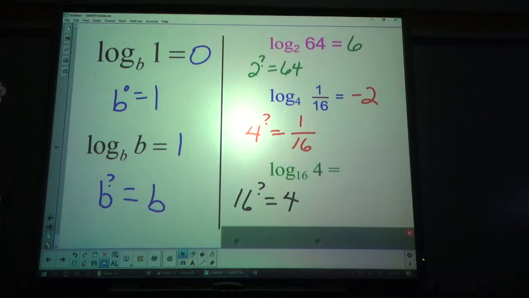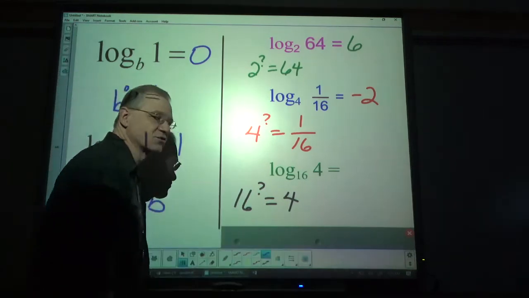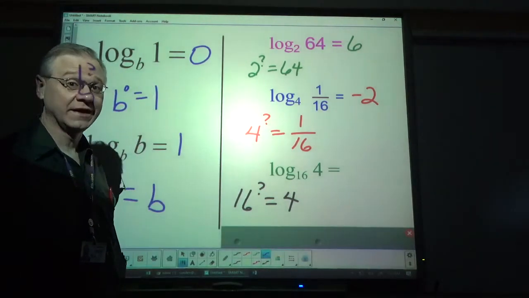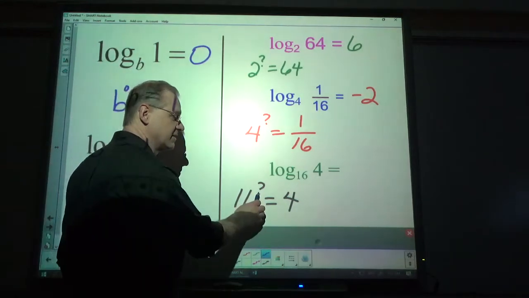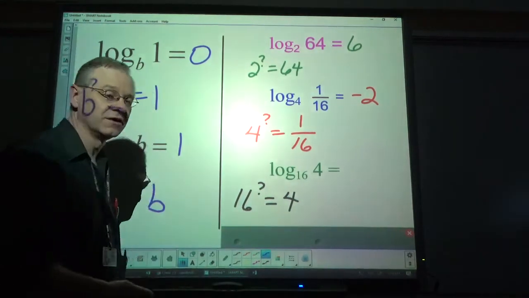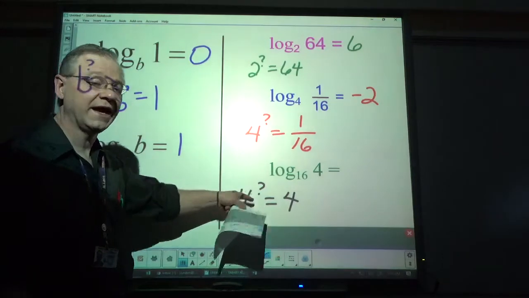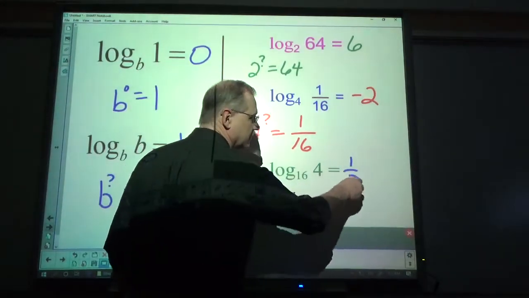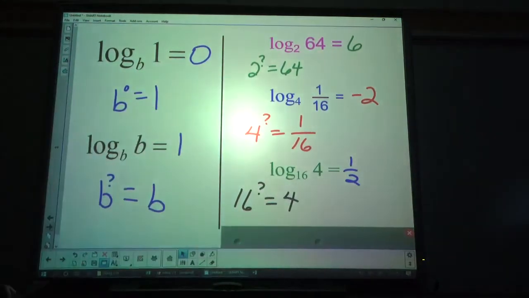Well, wait a minute. Isn't that kind of backwards? Well, think radicals. Think square root. What power is square root? The 1/2 power. So the square root of 16 is 4, so 16 to the 1/2 power is 4.